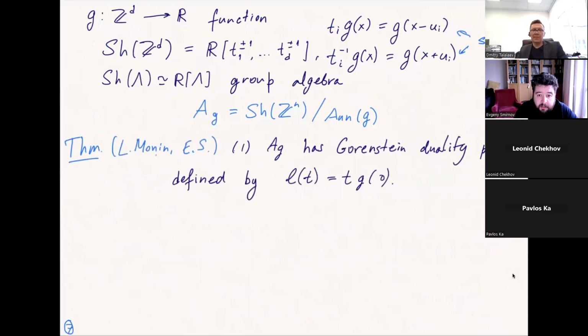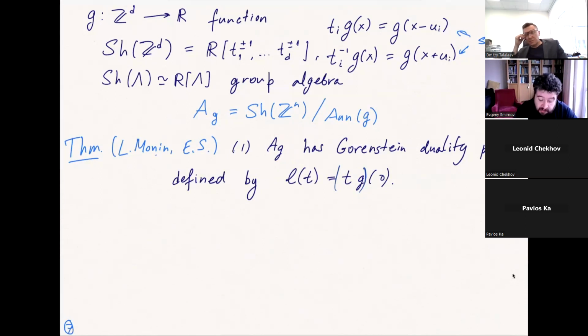So here's our result: this algebra has a Gorenstein duality pairing defined by evaluating a shift as follows. You apply this shift to your function g and take the value at 0, or in other words, for a basic monomial formed by shifts, you just take the value of g at the corresponding point.